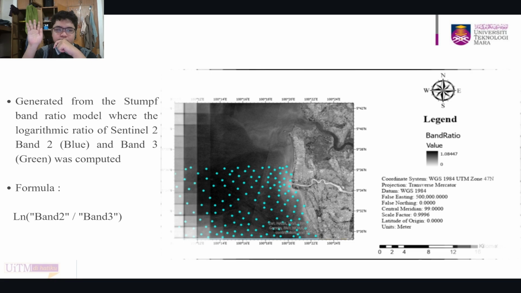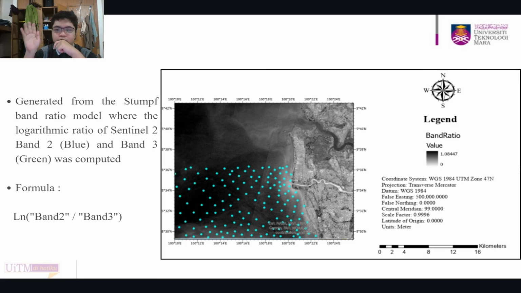Next result is the band ratio, which is generated from the band ratio model, where the logarithmic ratio of Sentinel 2 band 2 and band 3 was computed using the formula ln band 2 divided by band 3 in the raster calculator in ArcGIS Pro.